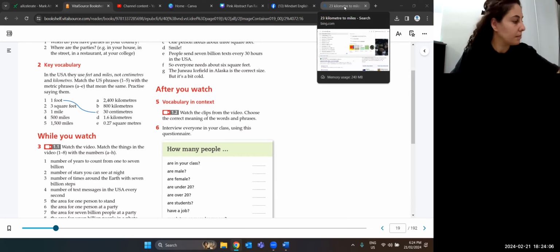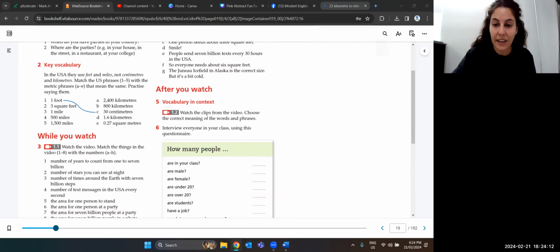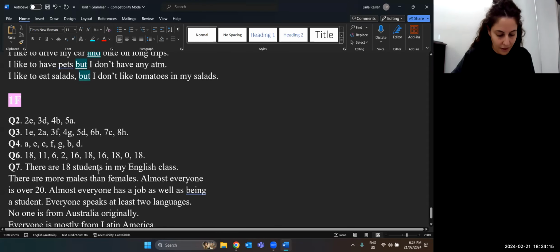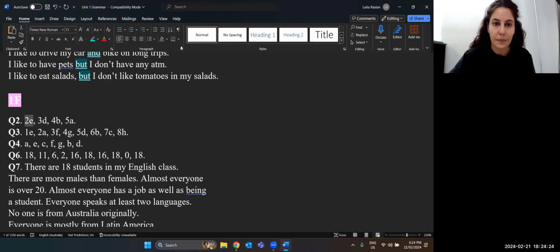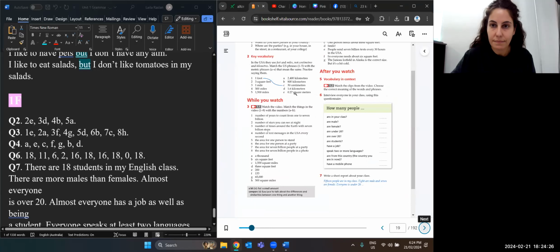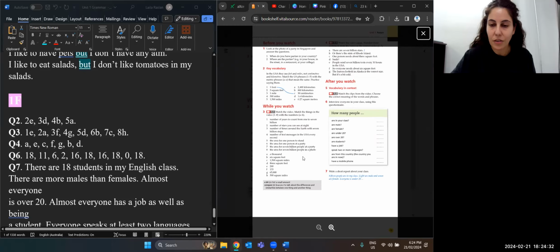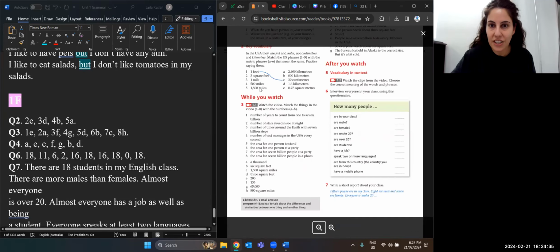So I found out that 3 square feet is 0.27 square meters. All you do is just say how much is 3 square foot in square meters.